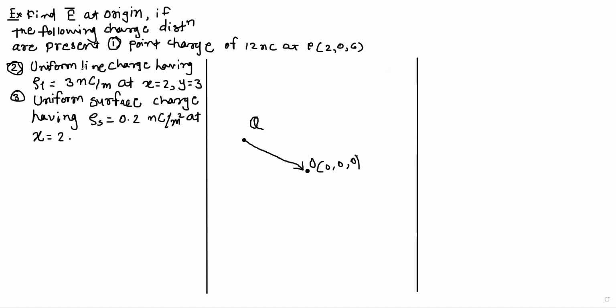Then you have a uniform line charge having some line charge density, so there exists a line charge also, and we also have to find the electric field intensity due to that line charge. And third is a uniform surface charge having rho s equal to so and so, so there also exists a surface charge.